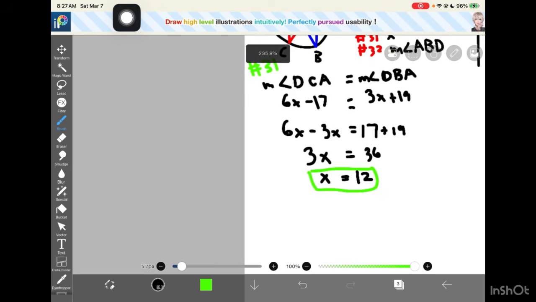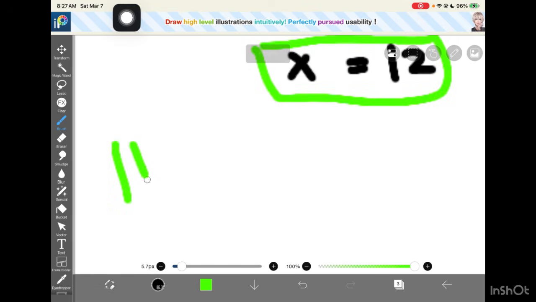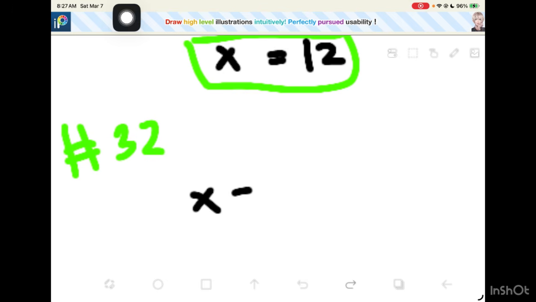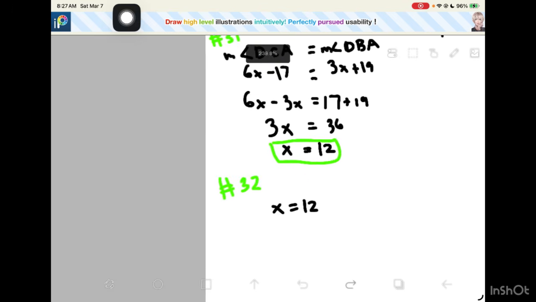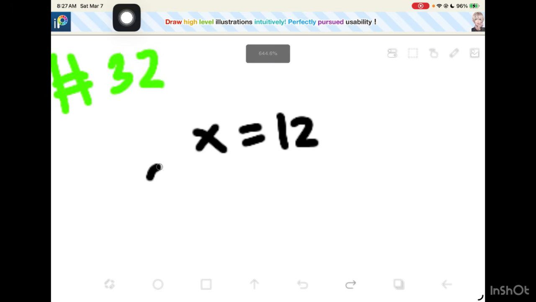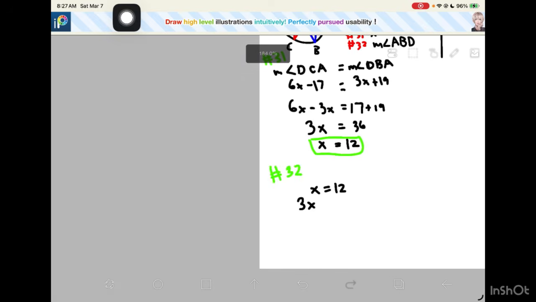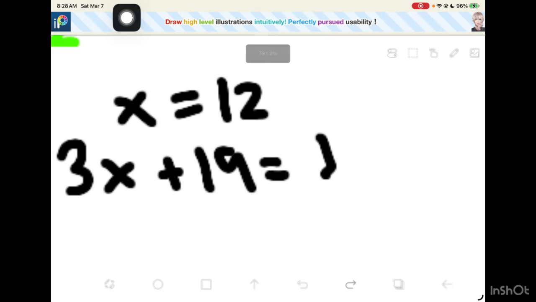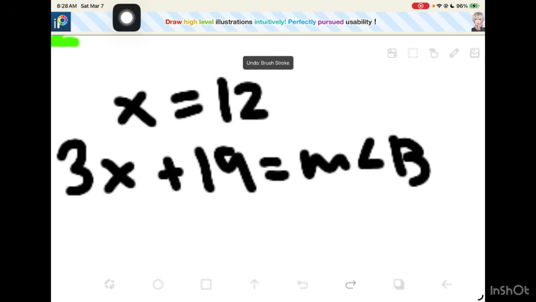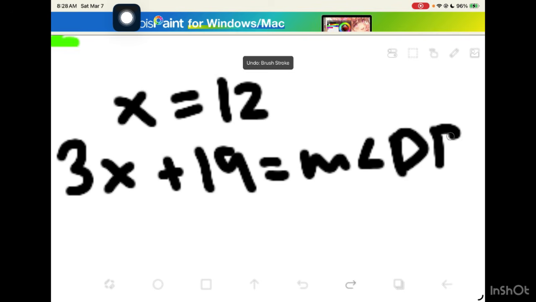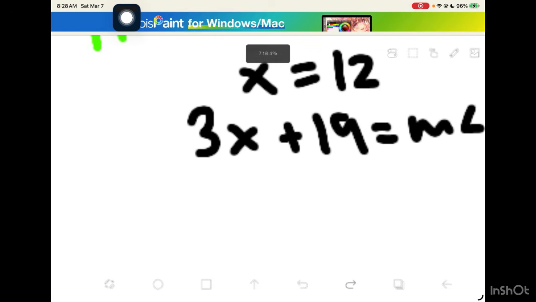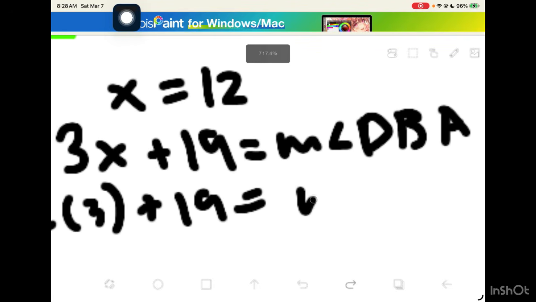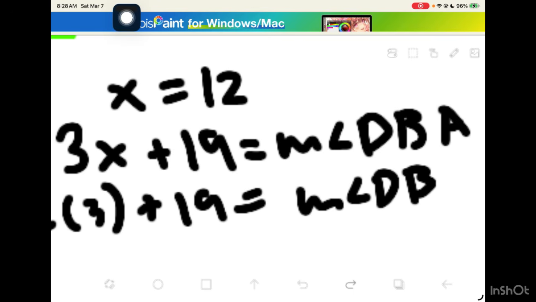And then for the measure of DBA, x is equal to 12. So 3x plus 19 is equal to DBA. 12 times 3 plus 19 is equal to MDBA.